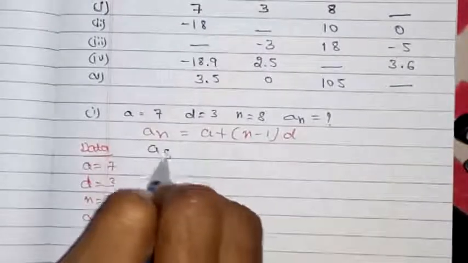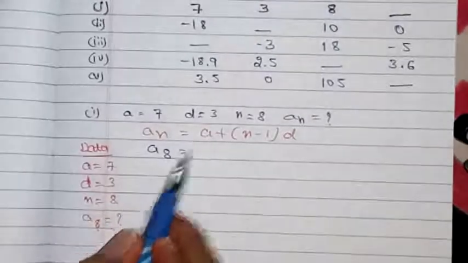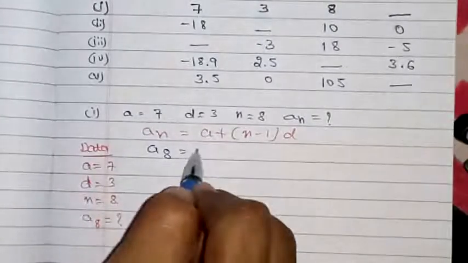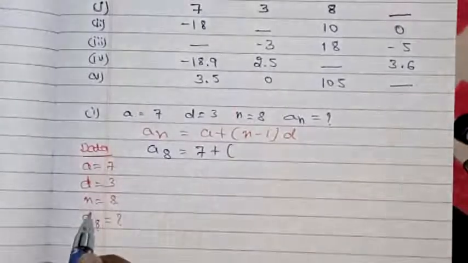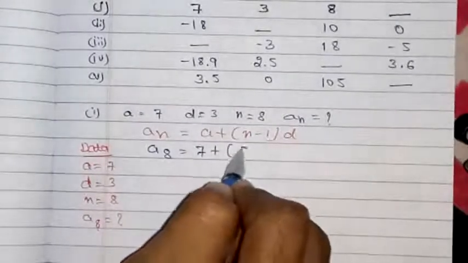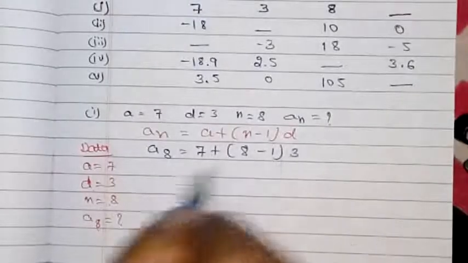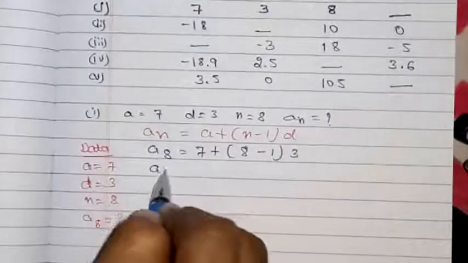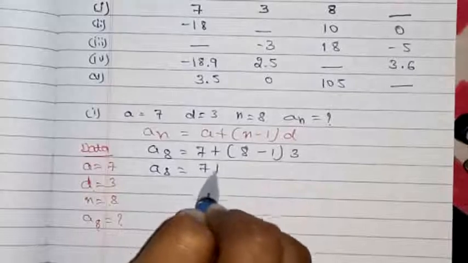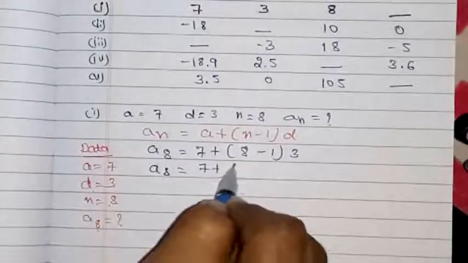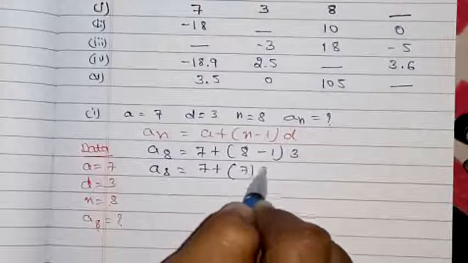A8 equals A, which is 7, plus (N minus 1), where N is 8, into D, the common difference, which is 3, right? Now simplify this. A8 equals 7 plus (8 minus 1) which is 7, into 3.